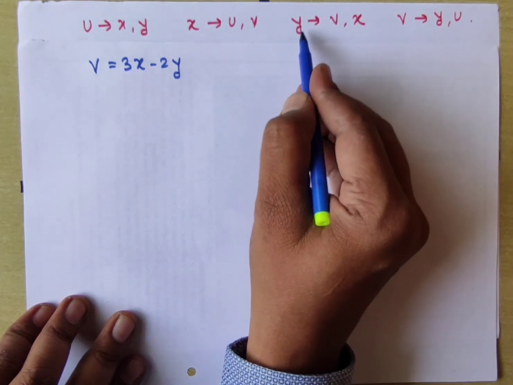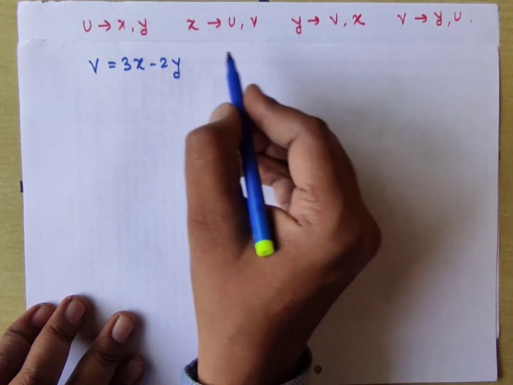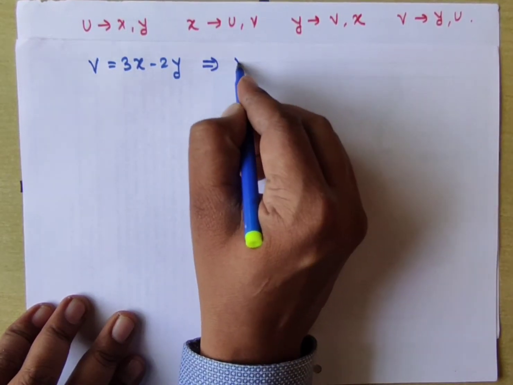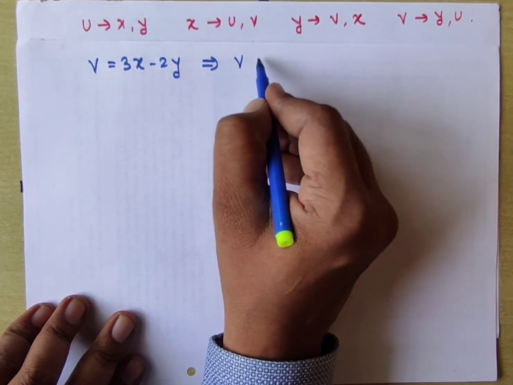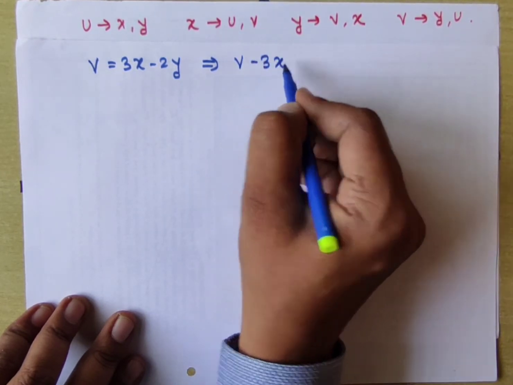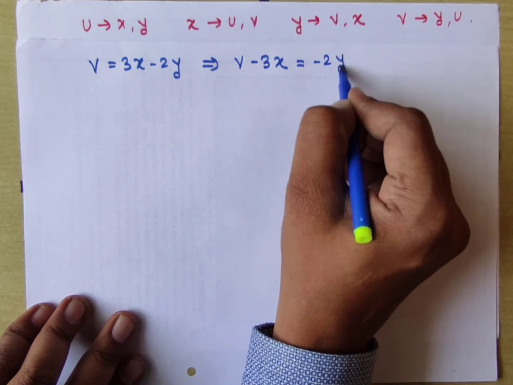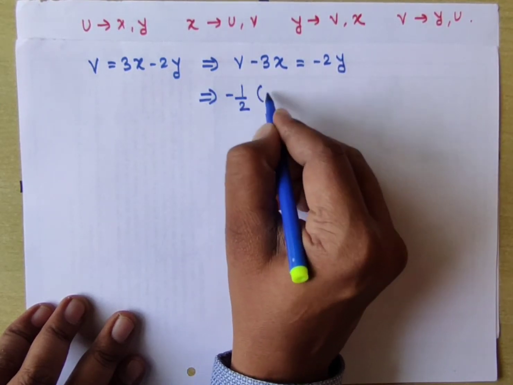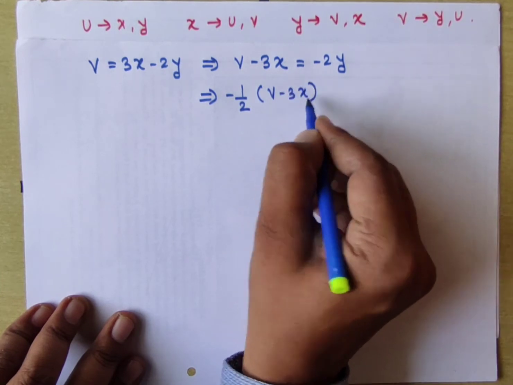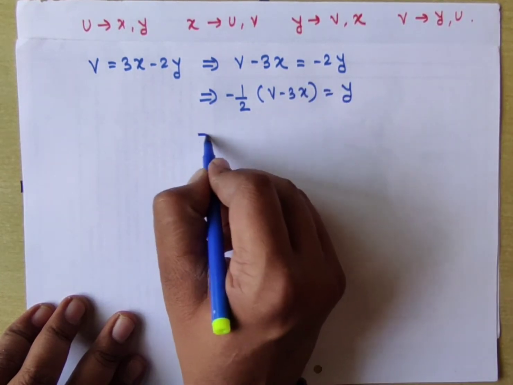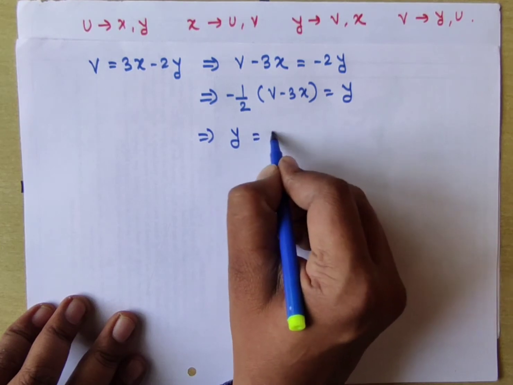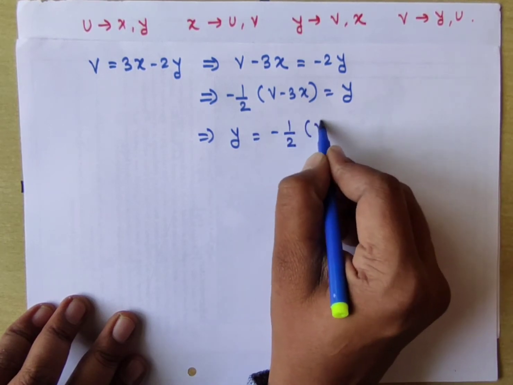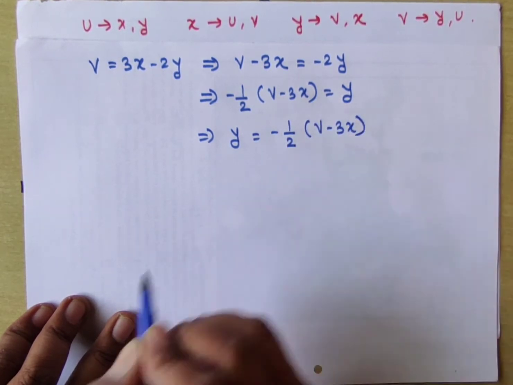We require the value of y in terms of v and x. So this can be written as v minus 3x is equal to minus 2y. That implies y is equal to minus 1 by 2 (v minus 3x).